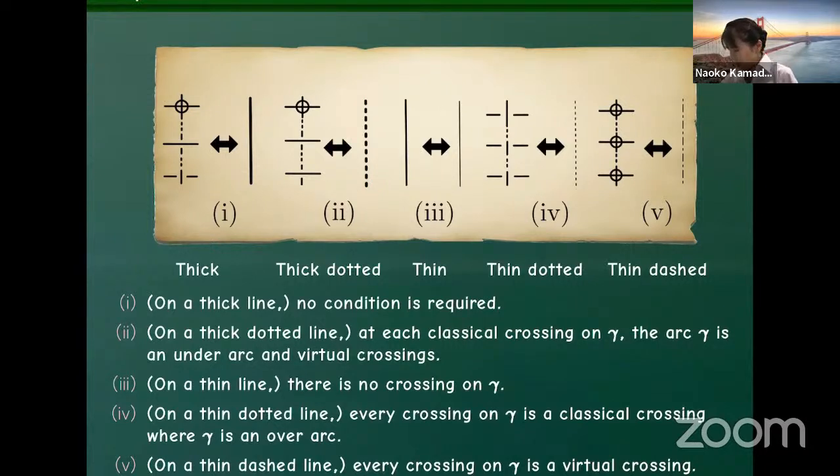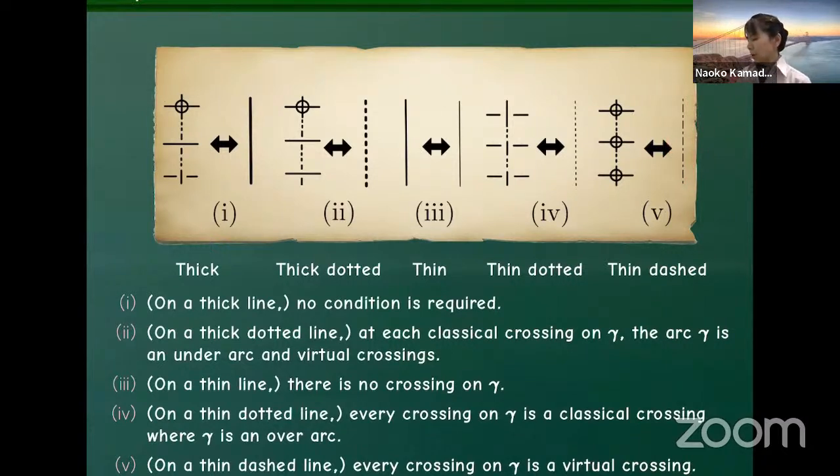And a thin line where there is no crossing on this arc. And if every crossing on gamma is classical, but gamma is over, then we use a thin dotted line. If every crossing is virtual, we use a thin dashed line.